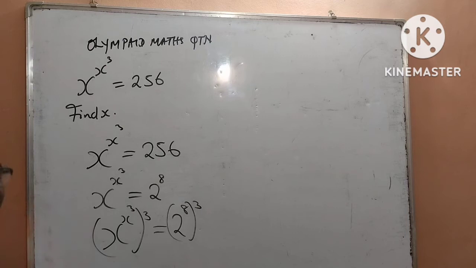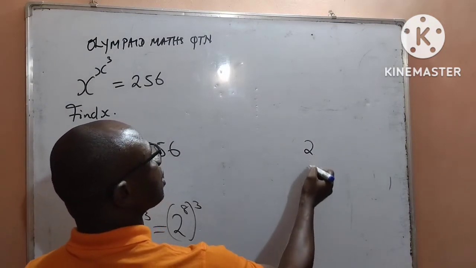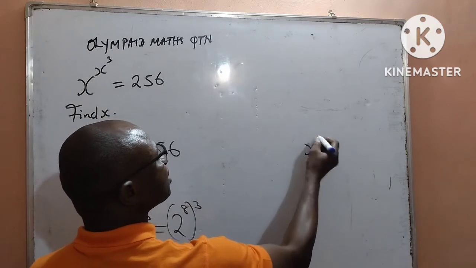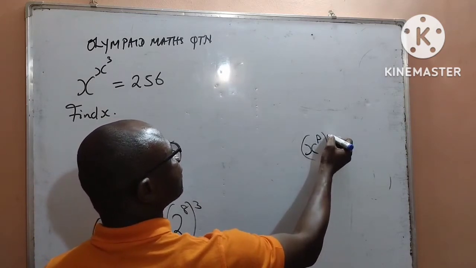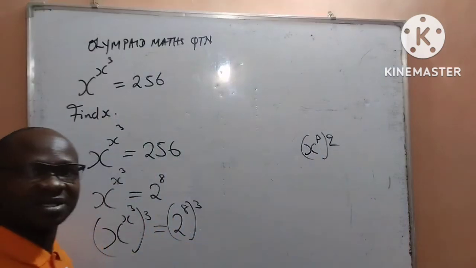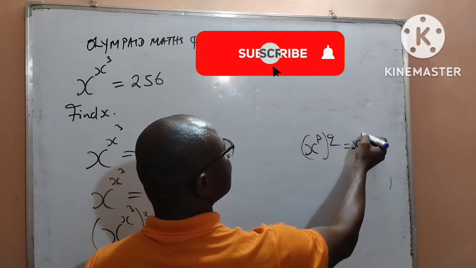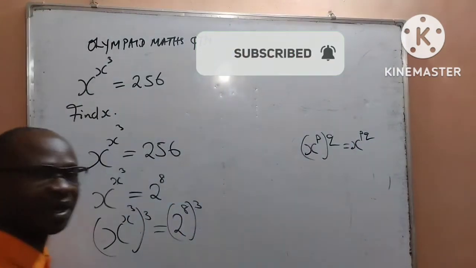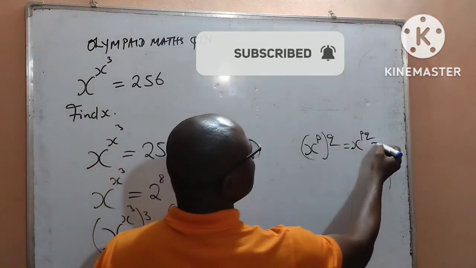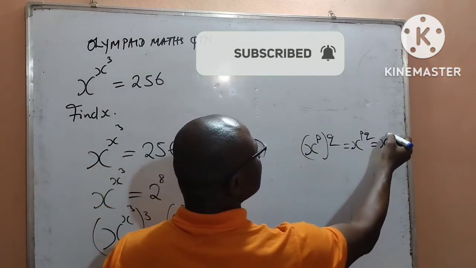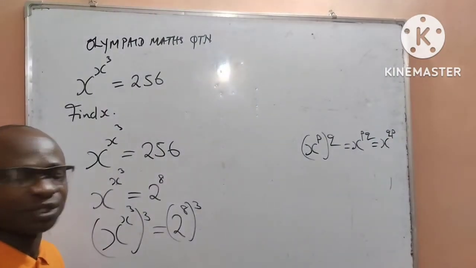There is a law in indices that says if I have x to the power of p into the power of q, that is still the same thing as x to the power of pq. That is, both of them will multiply. And it is still equal to x to the power of qp, because multiplication is commutative.